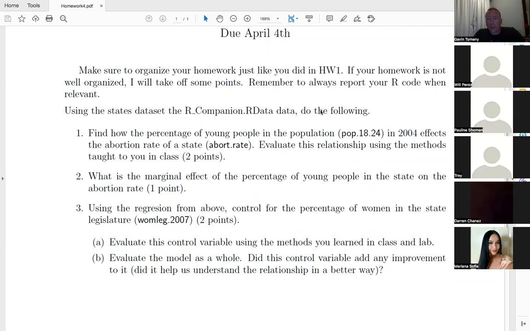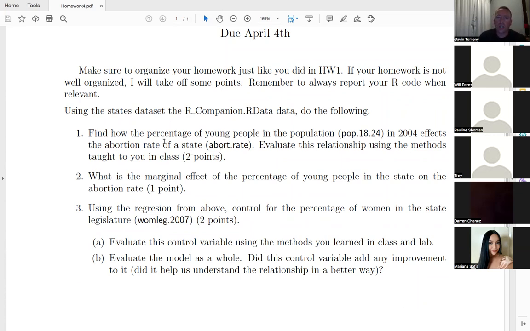So the first thing when approaching any of these is you need to determine what's your X, what's your Y, what's your dependent variable, what's your independent variable. The number one thing to always remember is X causes Y, or your independent variable causes the change in the dependent variable.